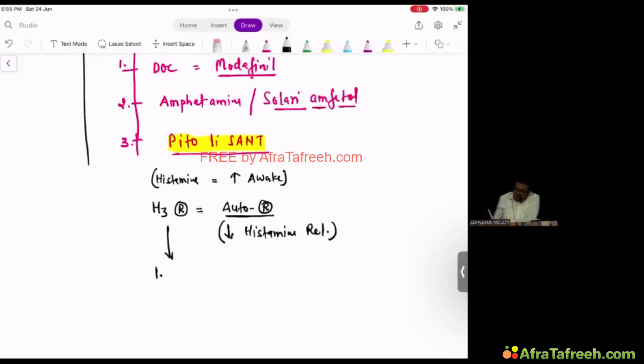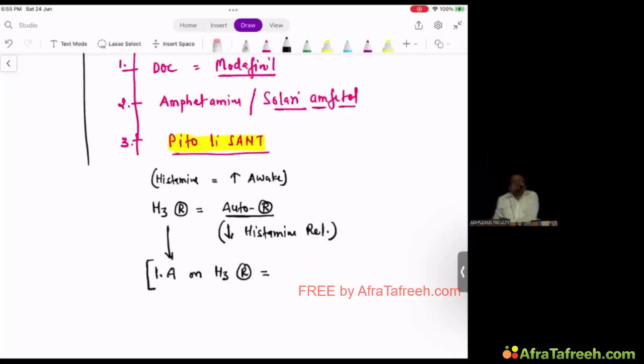So if we develop an inverse agonist on H3 receptor, then what will be the action? What is the H3 receptor doing? H3 receptor is decreasing histamine release. So an inverse agonist of H3 will take the reaction in which direction? Opposite.